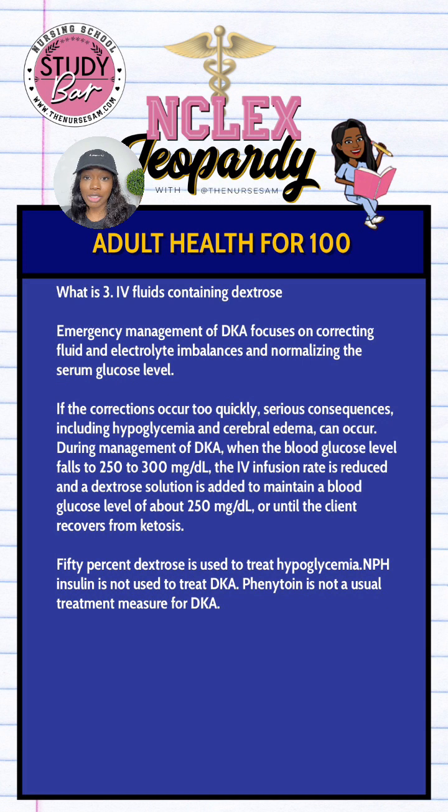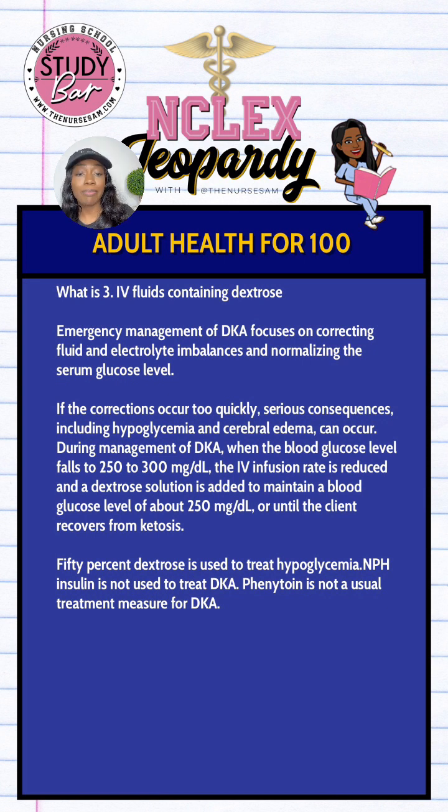That IV isn't flowing as fast, especially because we've already fallen into this range. We're going to reduce that rate, and a dextrose solution is added to maintain a blood glucose level of about 250 milligrams, or until the client recovers from ketosis.